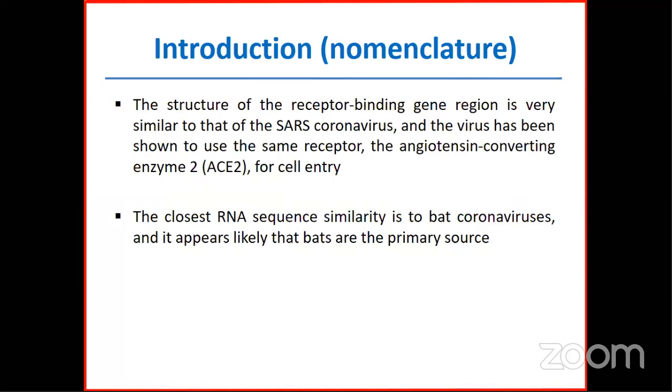A simple introduction regarding COVID-19. It's a virus attaching to the receptor binding region that is the same as SARS coronavirus, and that's why it's called SARS-2. And the virus has been shown to use the same receptor, which is angiotensin converting enzyme 2.